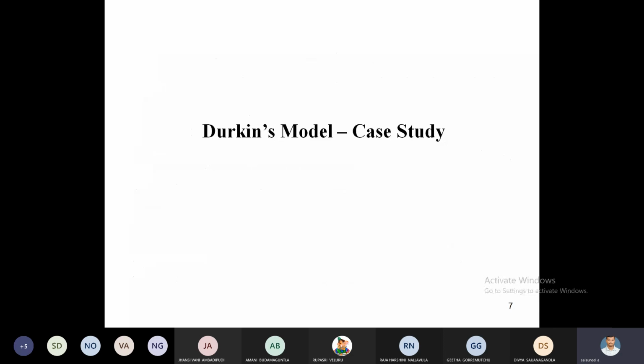The execution of Durkin's path loss simulator consists of two parts. What is the first part?